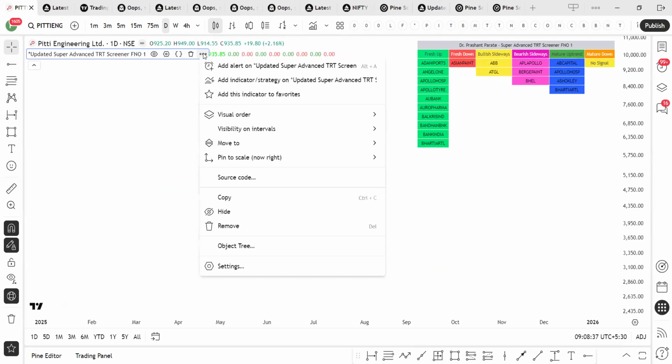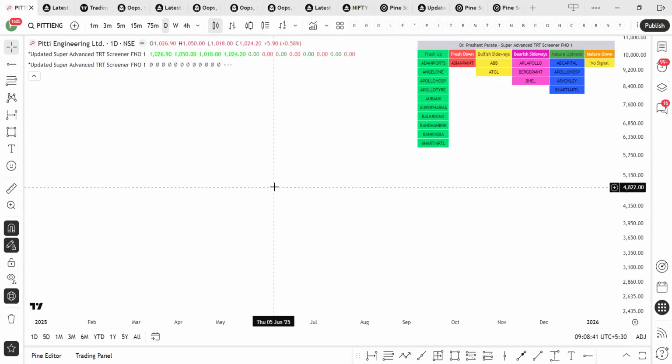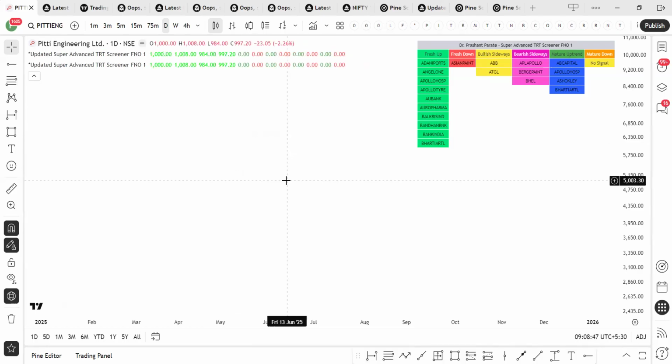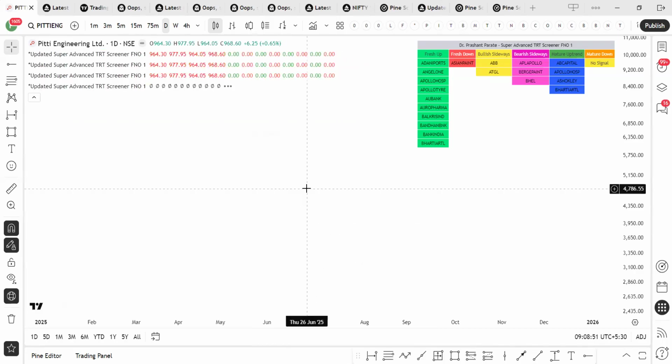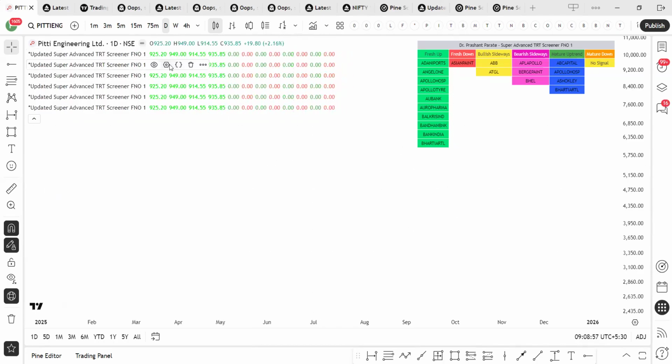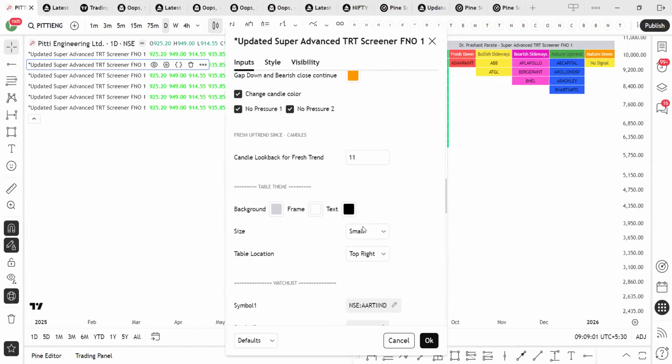Just click here and then copy and paste. Press copy, press paste. So this way you can add multiple. I have added 6 now. From here, go on to change the position of this table.